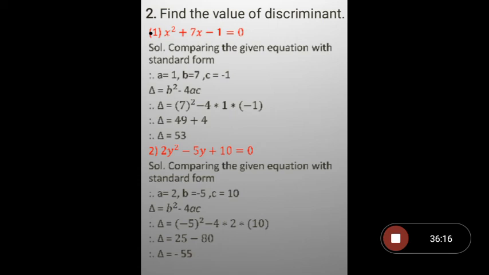Putting the values, b is minus 5, that means minus 5 square minus 4 into a is 2 into c is 10. Square of minus 5 is 25 and 4 2s are 8, 8 10s are 80. So delta is equals to 25 minus 80. Therefore the value of delta is a bigger number with negative sign.